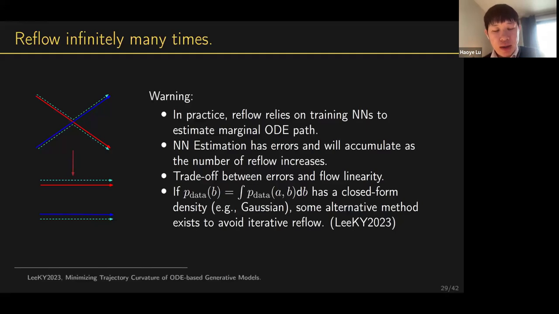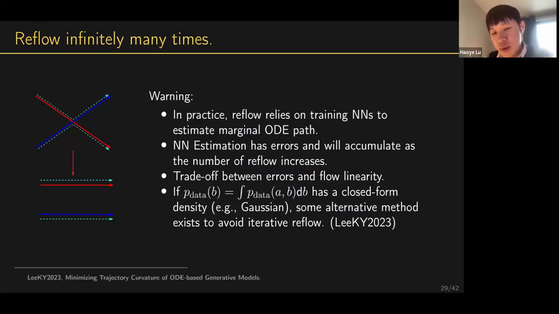I'm not really sure, but if I look into their papers, they seem to only minimize the loss function in algorithm one, where x1 minus x0 minus something, right? I don't see a special step of doing reflow, at least in some of the flow-based image generation papers.